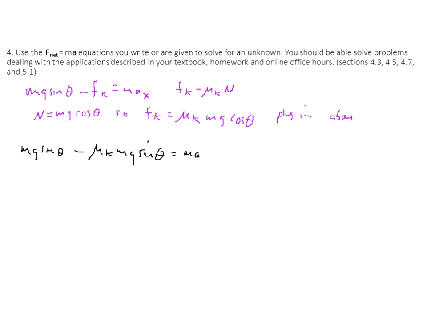mg sine theta minus mu sub k mg cosine theta equals m a sub x. So notice, gloriously the m's cancel. And oops, mu sub k, sorry.